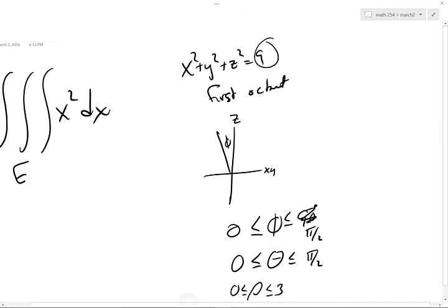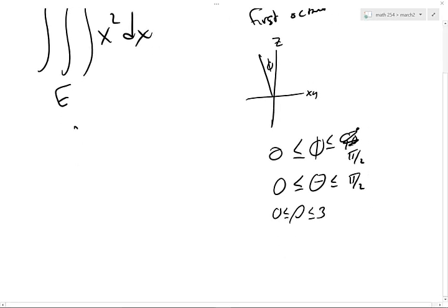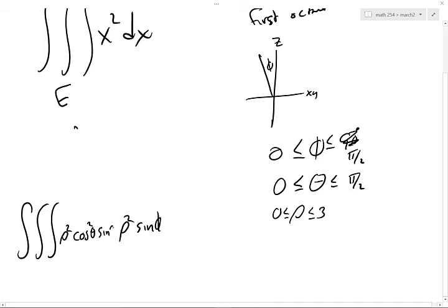Now, let's try it here and see what you think. Remember, when you're doing a triple integral in spherical coordinates, it's rho squared sine phi that is the add-on we need to use. We've got x squared. Well, x is rho sine phi cosine theta, so rho squared cosine squared theta sine squared phi.